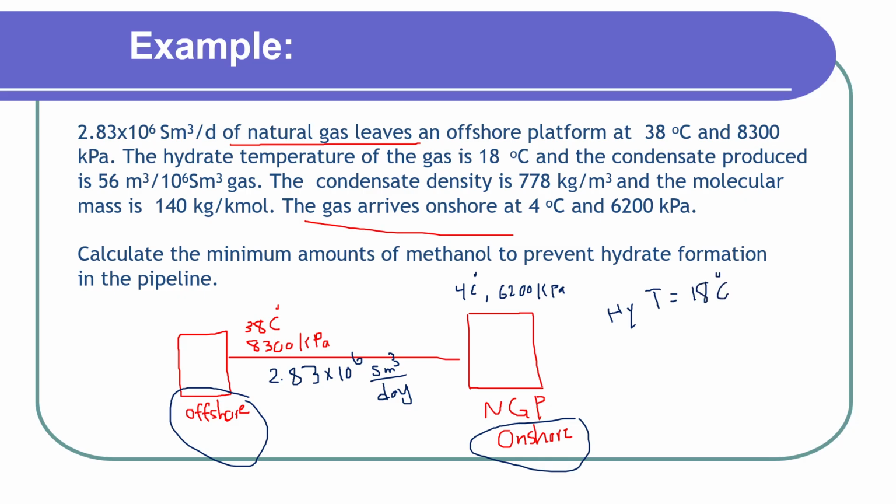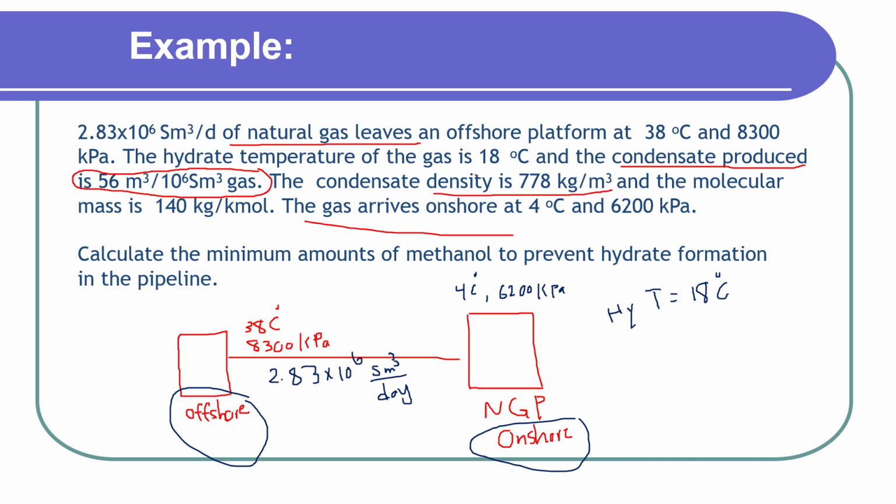The amount of condensate produced is around 56 meter cube per 10^6, or per 1 million standard meter cube of the gas. So for each 1 million standard meter cube of the gas, you produce 56 meter cube of the condensate. The condensate has a density.